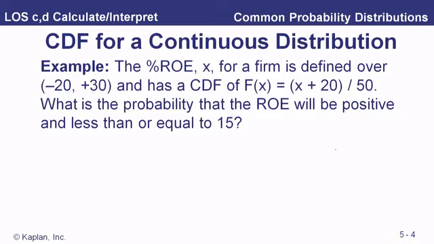So note first off, if we look at our upper bound of 30 here, if we plug in 30 here, we get 30 plus 20 over 50, 50 over 50. So that's 1 or 100%. And we're just saying there that the probability of being less than or equal to our maximum value is 100%.